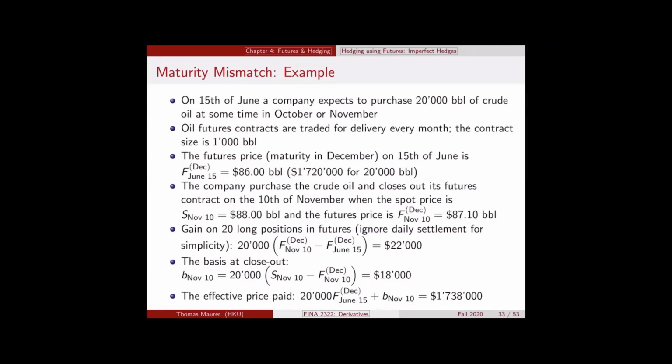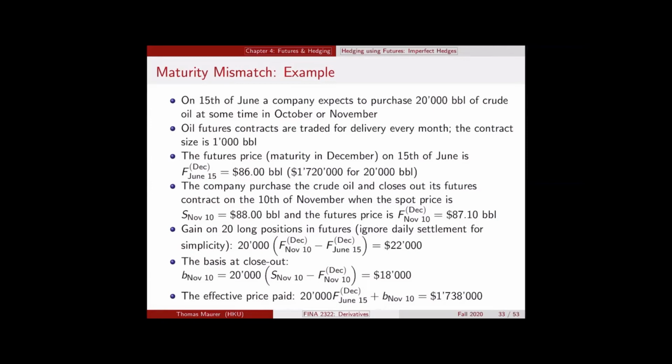On the other side now, you have to pay $88 per barrel of oil to buy that crude oil in the spot market, which means you have to pay $1.76 million. So if you now look at your combined cash flow, you have to pay $1.76 million minus the $22,000. That's $1.738 million.